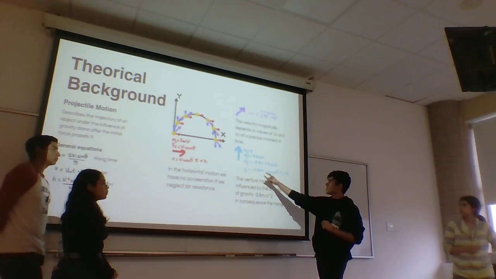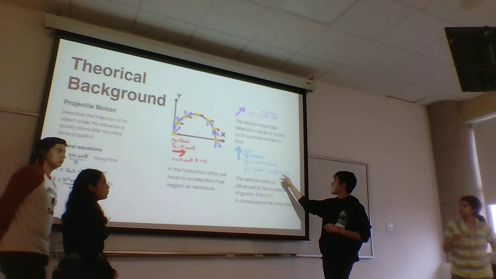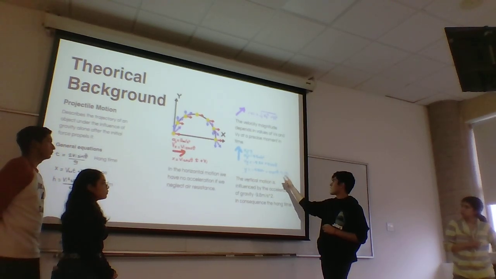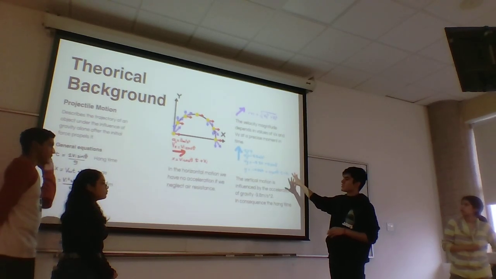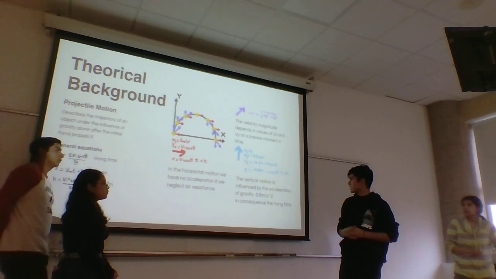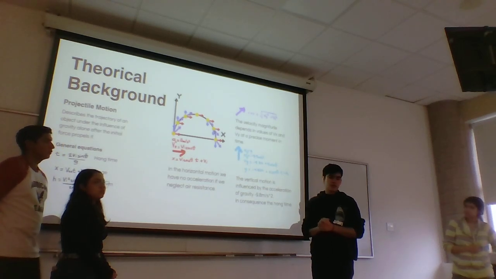Here I have minus 4.9 t squared, plus the initial velocity in y times time, plus the initial height. The initial height is about 60 centimeters, the height of the catapult, and these are explanations of what I talked about.